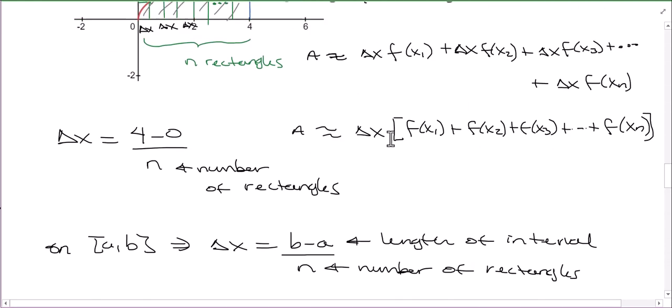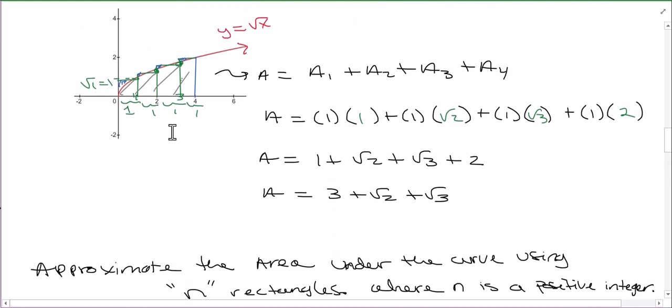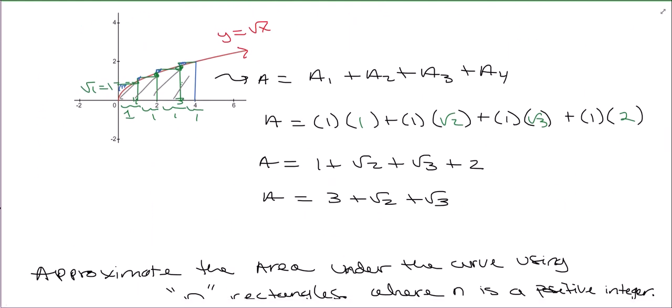Now in my examples here, I was using the right endpoint, which was always giving me an over approximation. So it gives me this, and this is an over approximation.